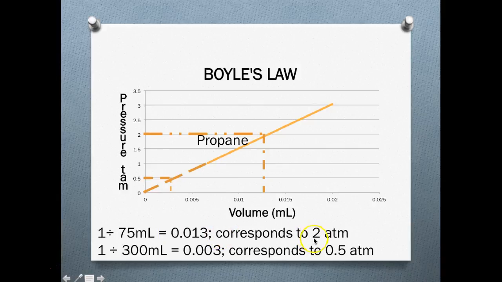and then they ask you to check what the corresponding pressure is when the volume is 75 ml. So 1 divided by 75 ml is 0.013, so that should be around here.